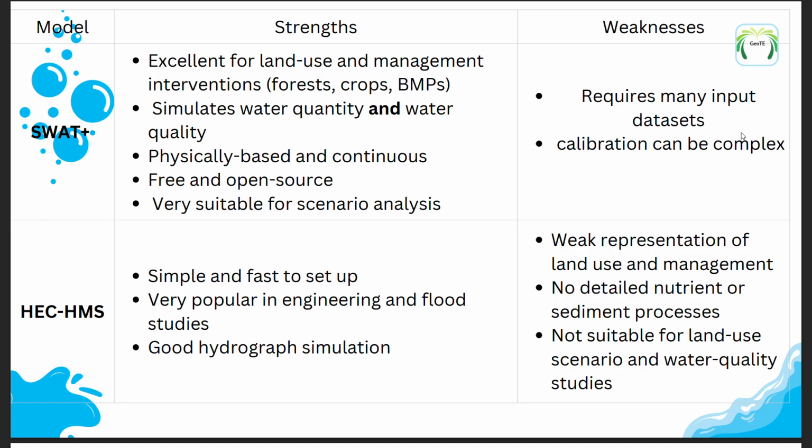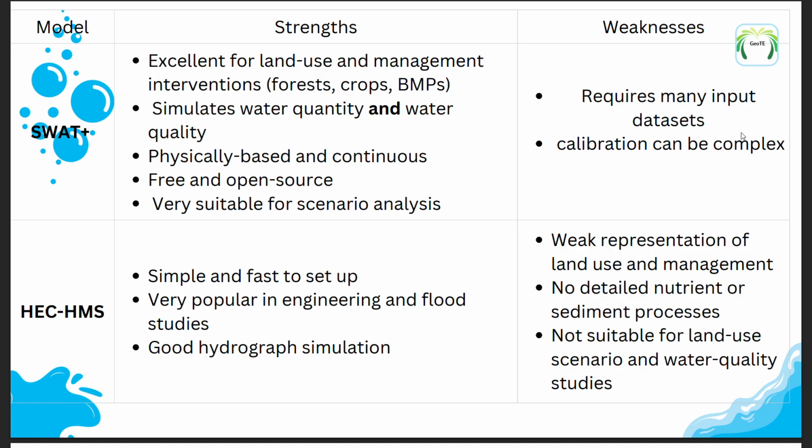We also learned about the weaknesses of SWAT, which requires many data inputs, and this is a challenge to most African countries where data is scarce. And also we saw that calibration can be very complex in SWAT, especially the two types of calibration that we have in SWAT.